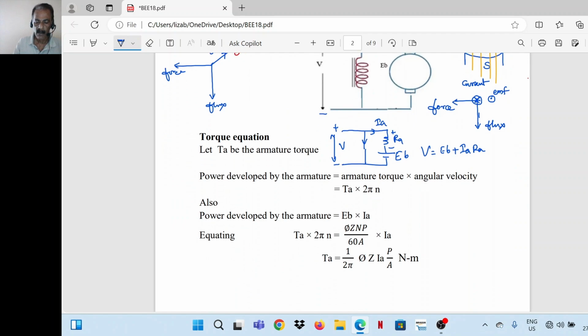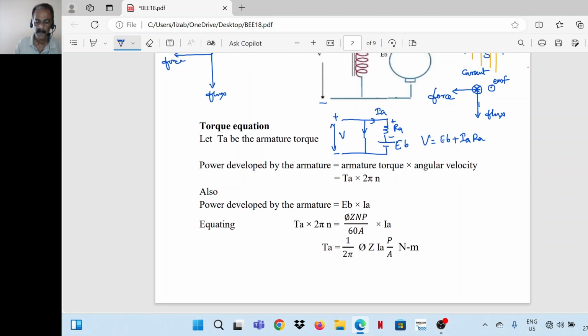Now next is the torque equation. So let's assume that TA is the magnitude of the armature torque, the net torque experienced by the armature. So we know that power is equal to force into velocity.